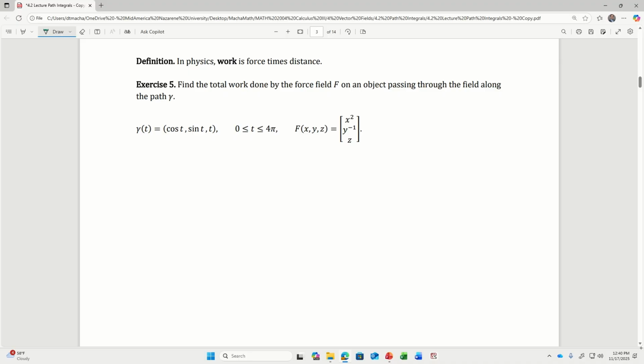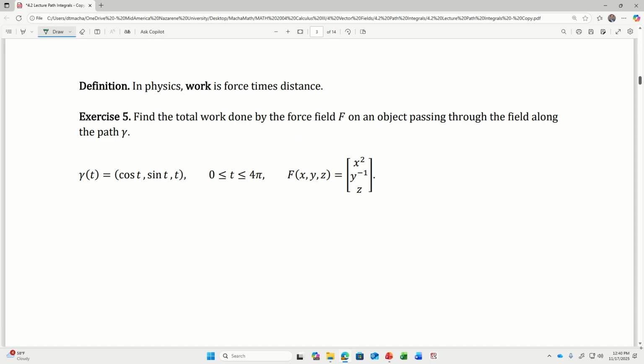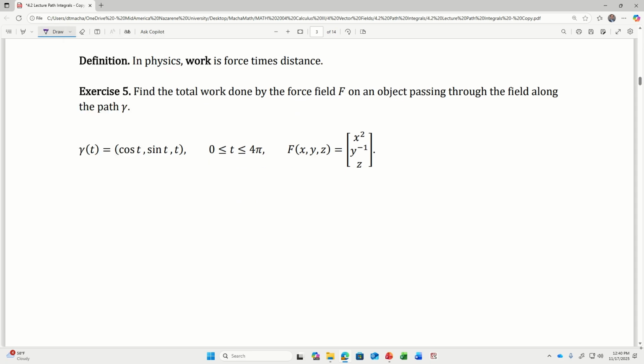All right, so you remember from physics that work is force times distance. But specifically, when we say force times distance, we're saying that the work is done only if the force is in the same direction as the distance. And if it's not, you're going to take the dot product so that you only get the component of the force that's acting in the direction of the distance.